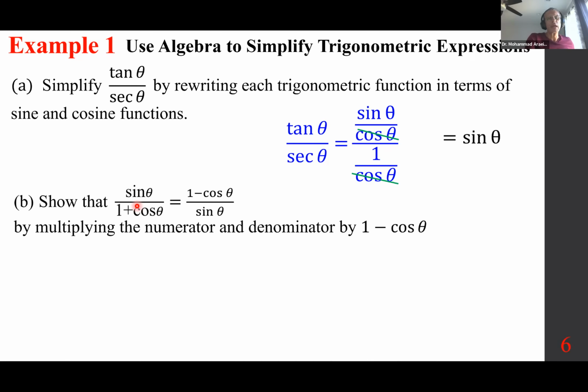We want to show that sine theta over 1 plus cosine theta equals 1 minus cosine theta over sine theta. And they have given us a hint. Multiply one side, in this case, the left-hand side, by 1 minus cosine theta and divide by it. So the left-hand side, we are going to multiply and divide by 1 minus cosine theta.